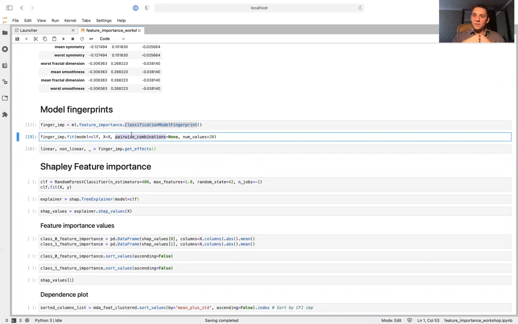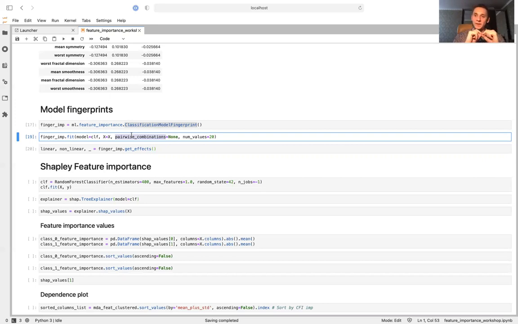Because the number of pairwise combinations of 30 features is relatively high, imagine that you have 700 features. The number of combinations of 700 features choose 2 is huge. So if you put all possible pairwise combinations to test for the model fingerprints algorithm, your algorithm will run for ages.